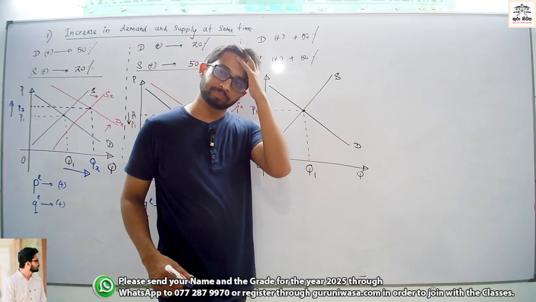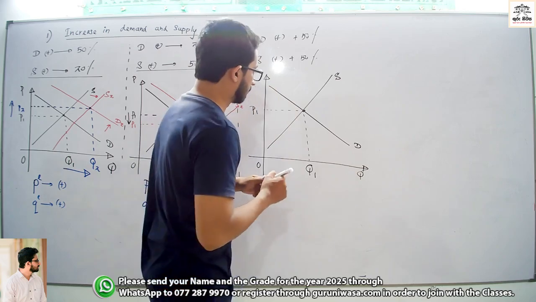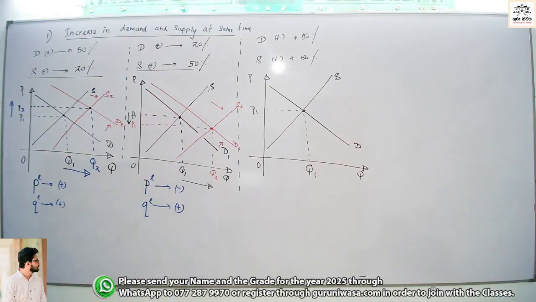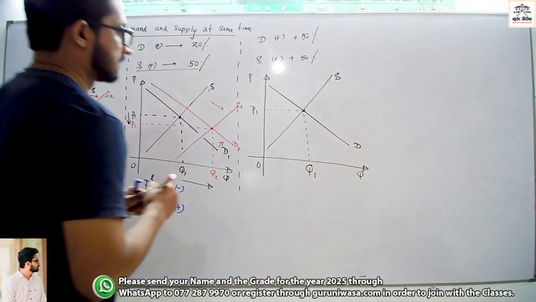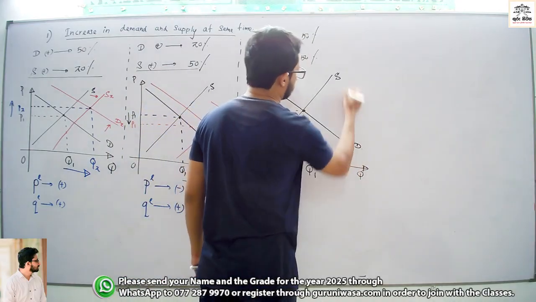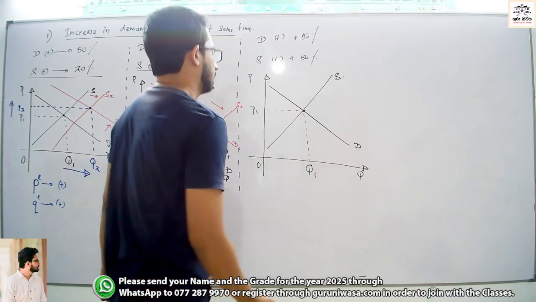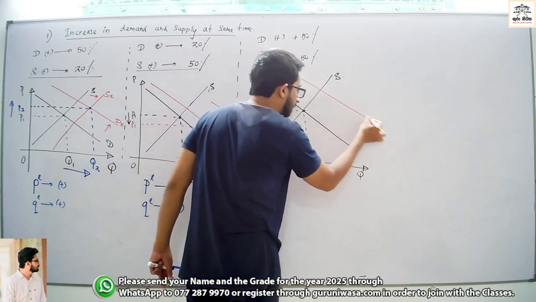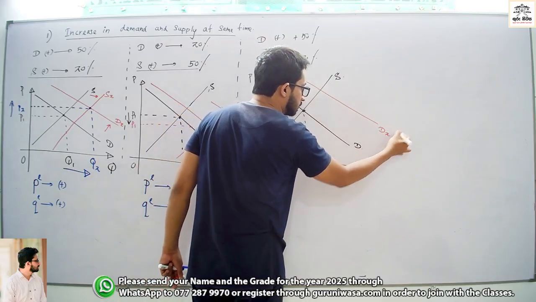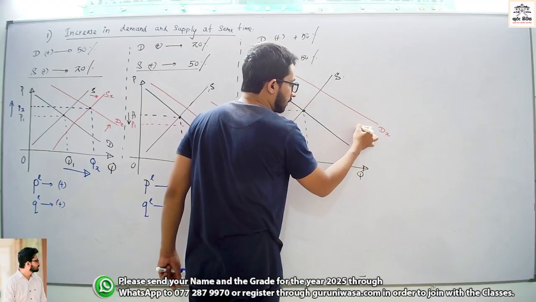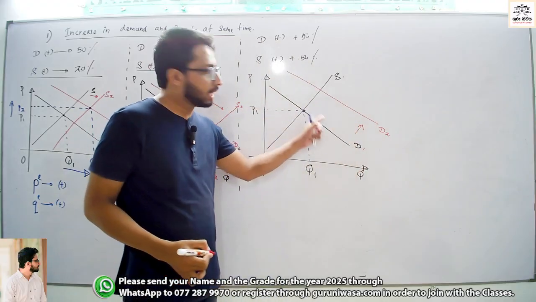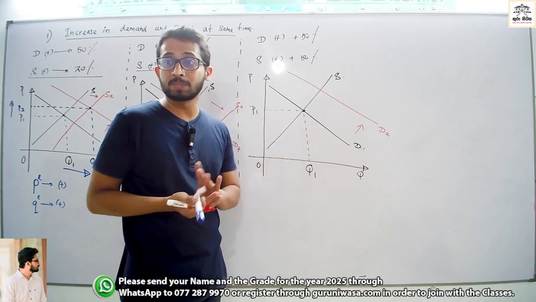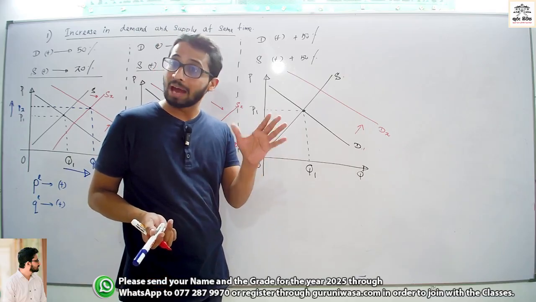Get the point? Equal distance. Like this, Lamai. The demand curve shifts to the right side, D2. The supply curve also shifts to the right side by an equal distance. Equal distance means the distance that you have used.